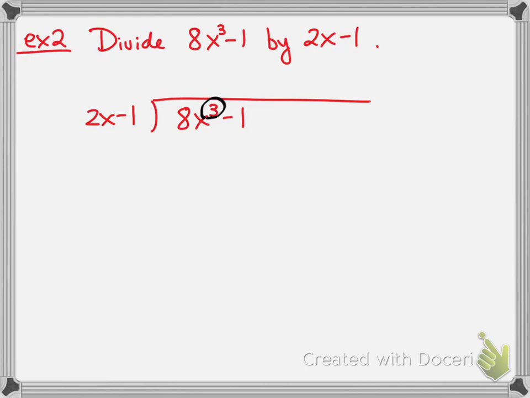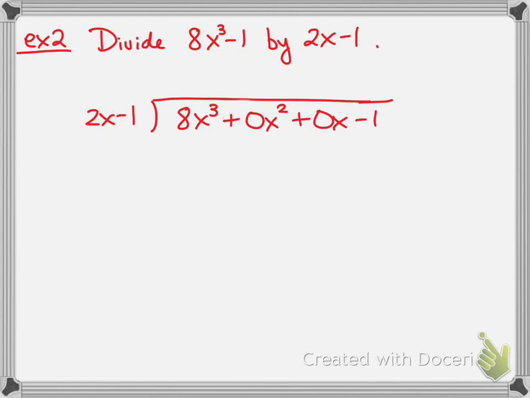No, we skipped a lot. So because we skipped a lot, we are going to add a 0x squared, because that's a missing term, add a 0x, because that's missing, and then put our minus 1. Now we go 3, 2, 1, none. And that's the way we need to do it. And this one is fine. It's 1 and then none.